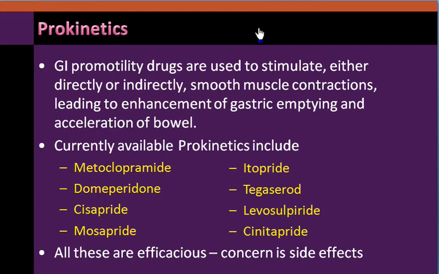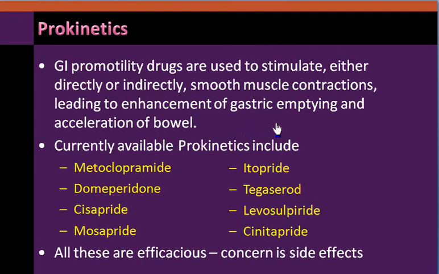What are prokinetic drugs? Prokinetic agents are those which modify the motility of the GI tract, particularly of the gastroduodenal region, in such a way that the GI promotility drugs are used to stimulate either directly or indirectly the smooth muscle contractions, leading to enhancement of gastric emptying and acceleration of bowel.